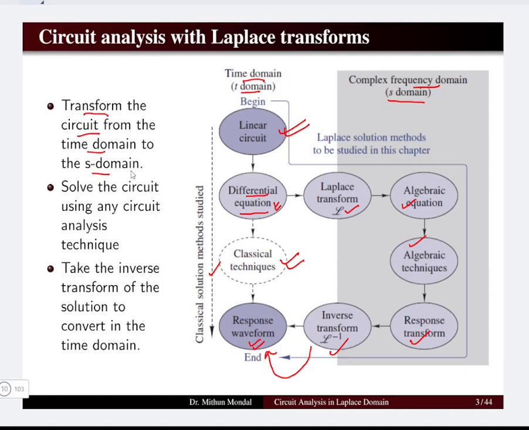S domain is nothing but the Laplace domain or the frequency domain. We solve the circuit using any circuit analysis technique that we have studied during our theorem classes, and then we take the inverse Laplace transform to get the solution in the time domain. So these are basically the three important steps that we follow for the Laplace transform solution for any circuit.